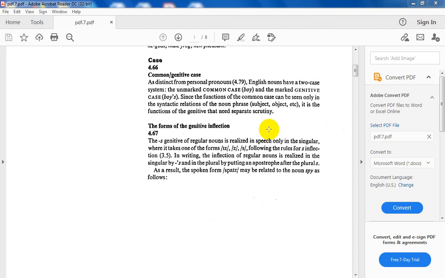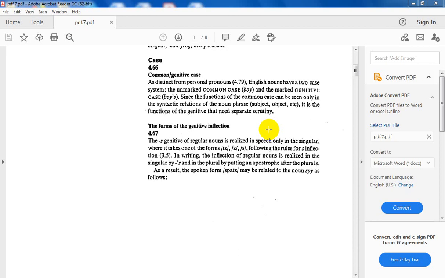So let us read here. As distinct from personal pronouns like he, she, it, English nouns have a two-case system, a case system having two forms or two cases.